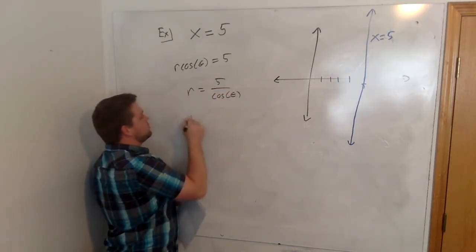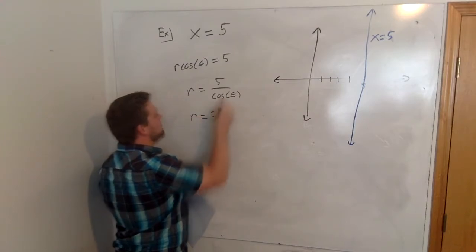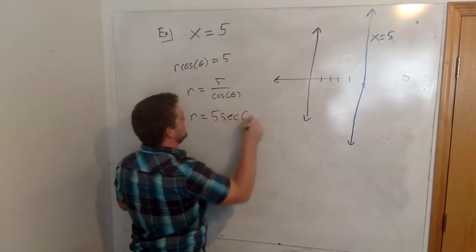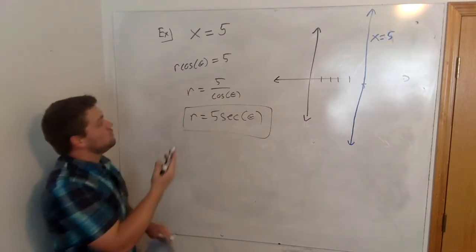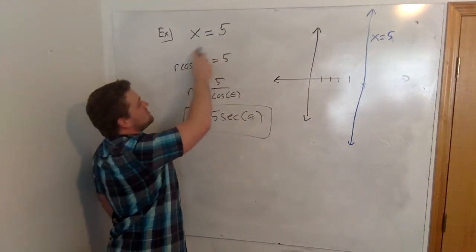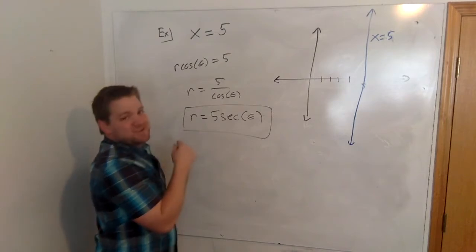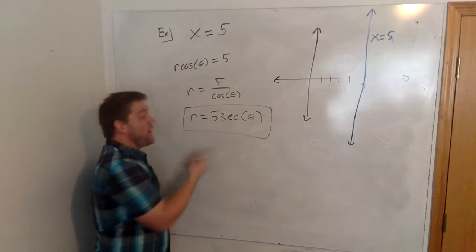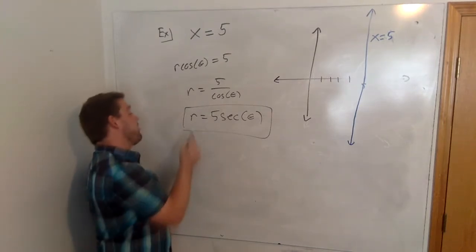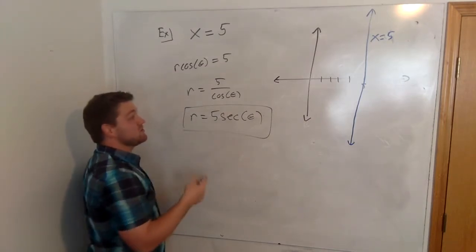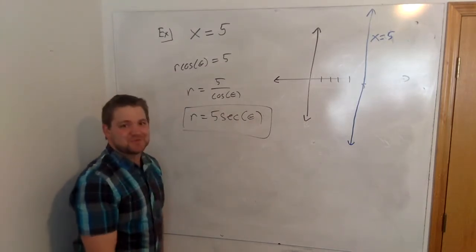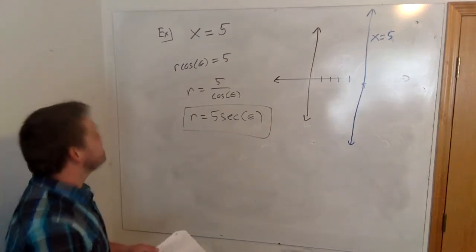Or we could say this is equivalent to r equals 5 times the secant of theta. So interestingly enough, x equals 5, this simple equation in rectangular coordinates, is not quite as friendly in polar coordinates, but r equals 5 times the secant of theta is describing the line x equals 5. Cool.